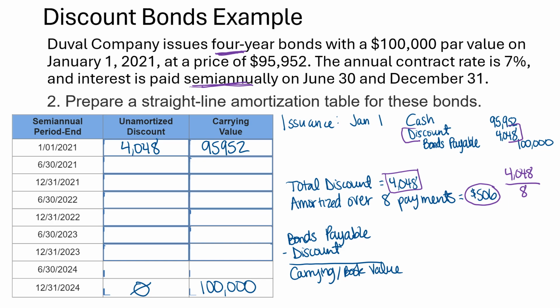So each time you make one of those journal entries, the unamortized discount will decrease by $506 each time. So here, it'll be minus 506, minus 506, all the way down until it equals 0.